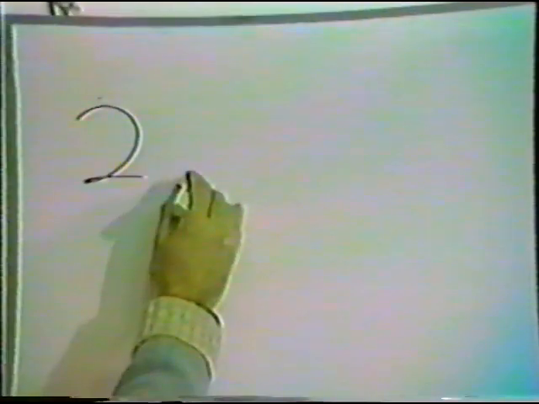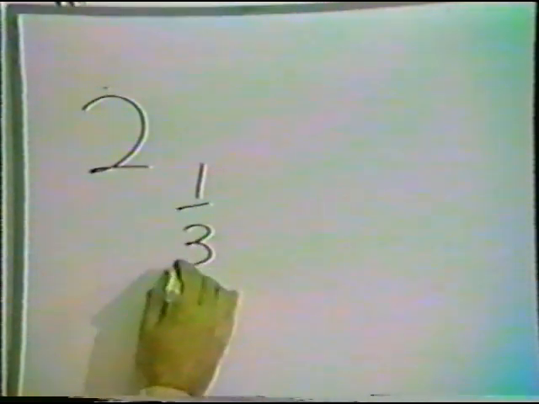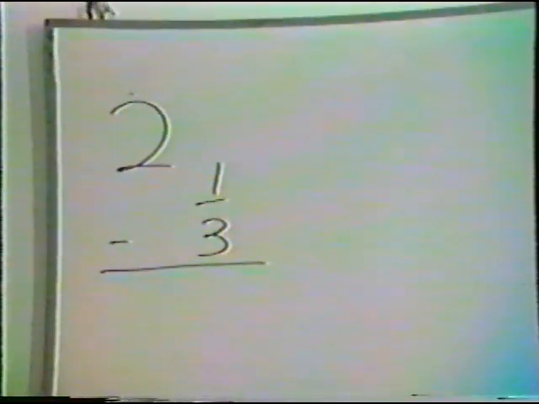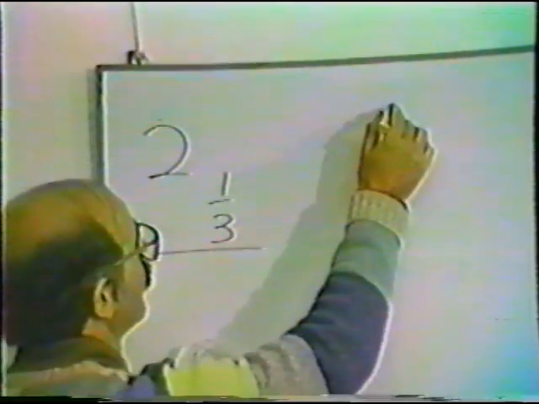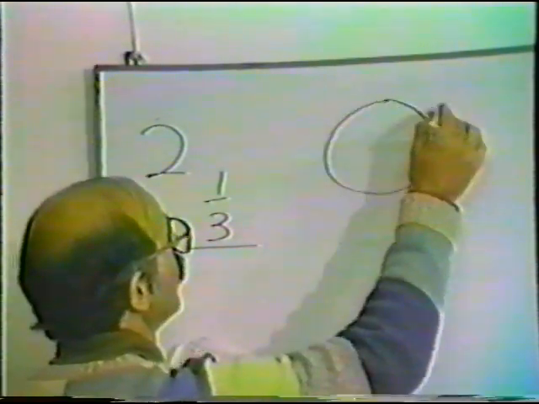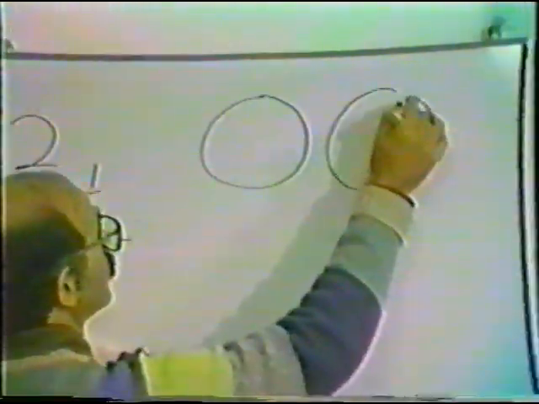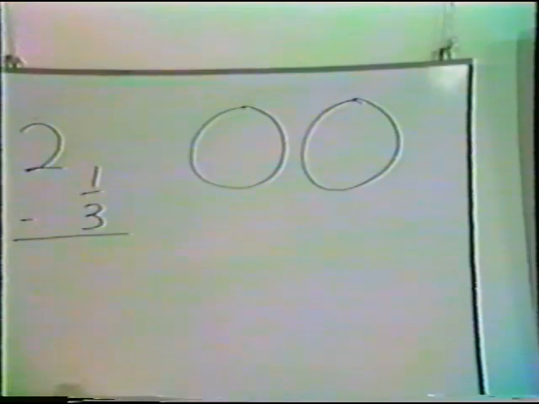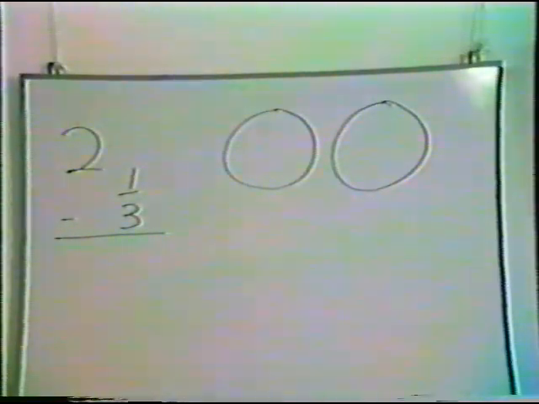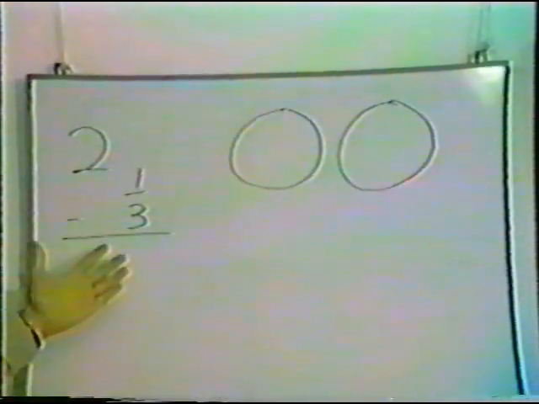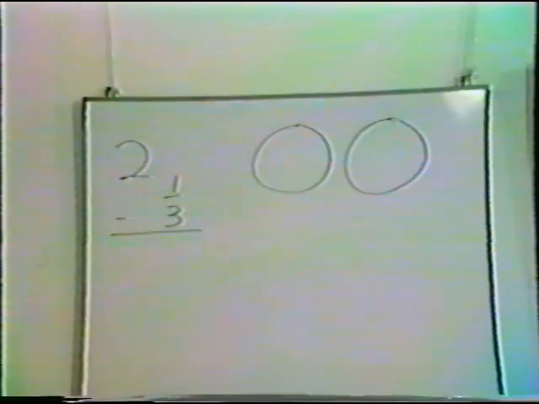2 take away 1/3. Let's draw a picture. We have 2 pizza pies. What do we need to take away 1/3 of a pizza? What do we have to do?